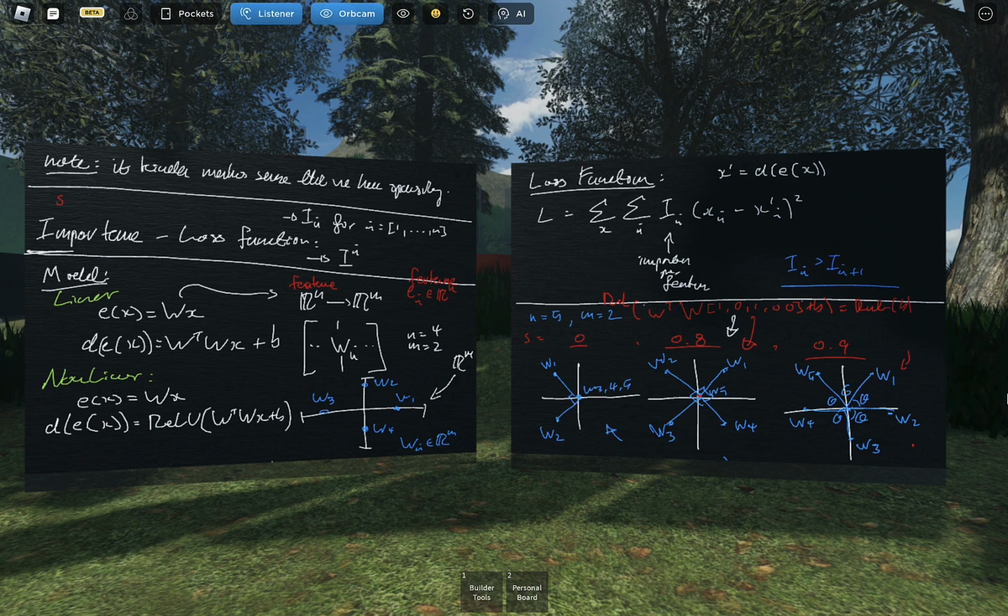And then in this one we have even higher sparsity.